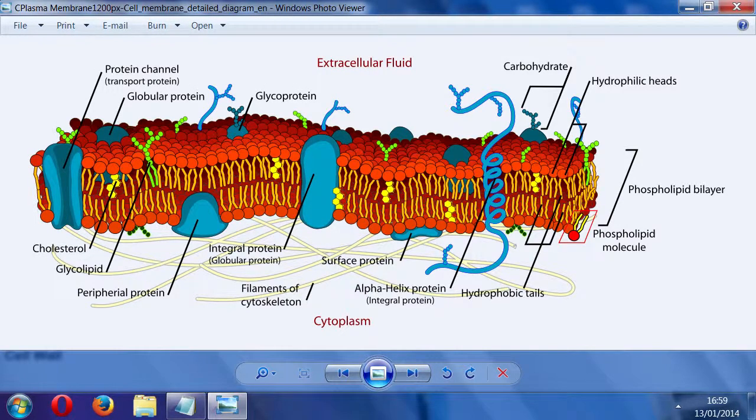And here's an actual diagram, which, well, my diagrams are still diagrams, but it's obviously a slightly different level. But we can see these are the tails here of these things, the hydrophobic tails and the hydrophilic heads. So it's a combination of things that love water and hate water. So that's really the key thing here, and it's to keep the integrity of the cell.